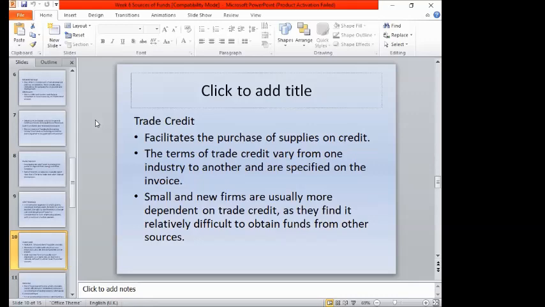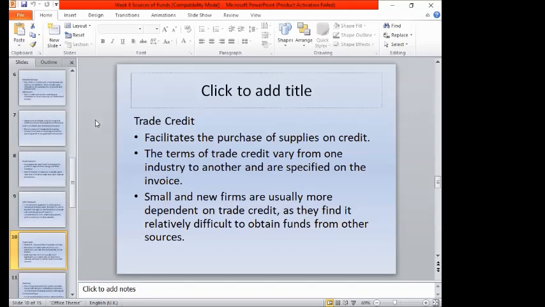Okay. Next is trade credit. Okay, trade credit is an unsecured loan or a secured liability, because trade credit talks about purchasing supplies in the form of credit. It talks about accounts payable. Okay.